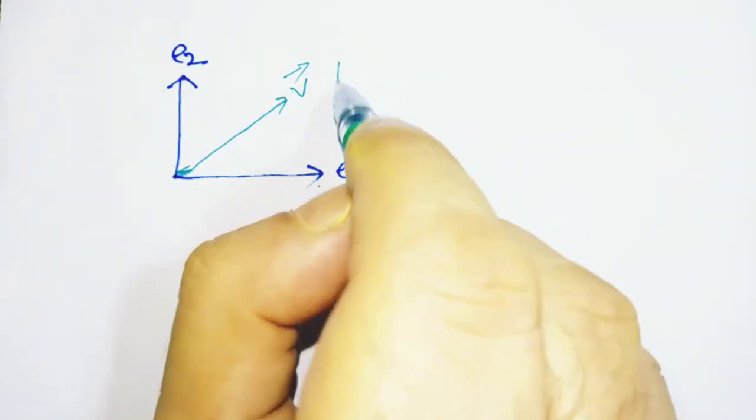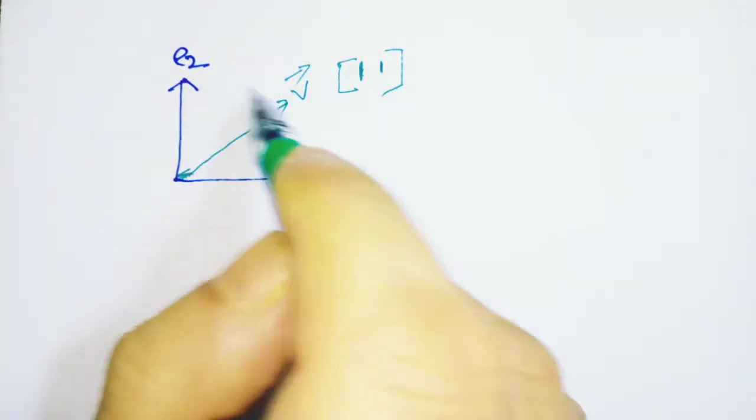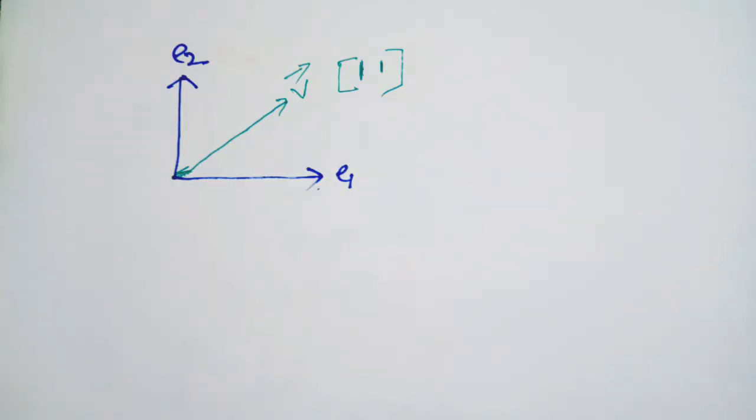And the components of V here are more or less simple, 1 and 1. This is roughly 1 unit of component vector. Now say, if I increase the size of the basic vectors to 2, that means I am scaling it.